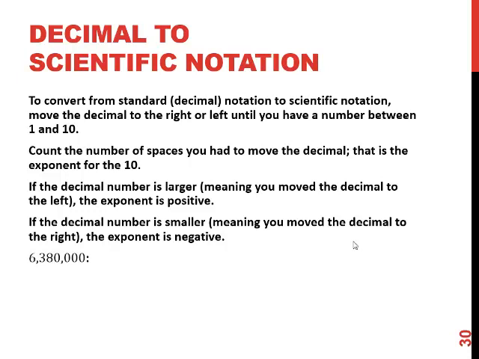So looking at 6,380,000, I need to take this number, 6380000. It has a decimal right here. In order to have a number between 1 and 10, that decimal needs to be moved here.